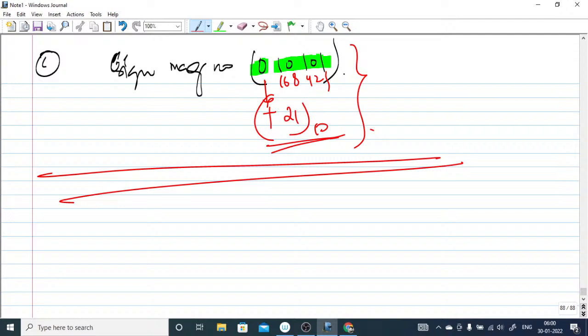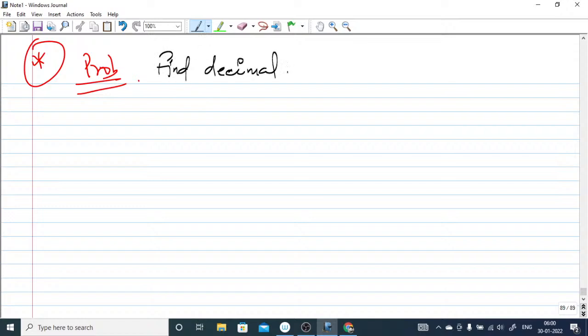Let us talk about 2's complement format, because that will be asked. So the next problem is: find the decimal value of a 2's complement number.